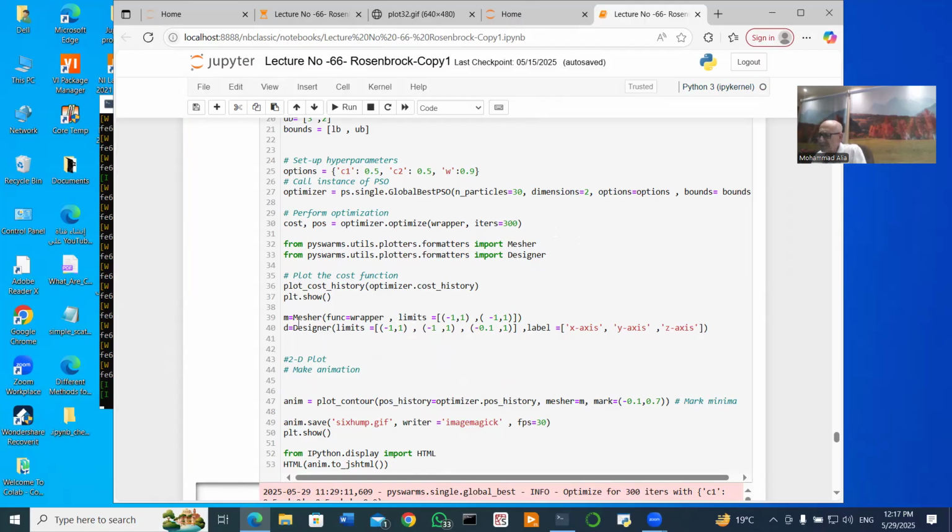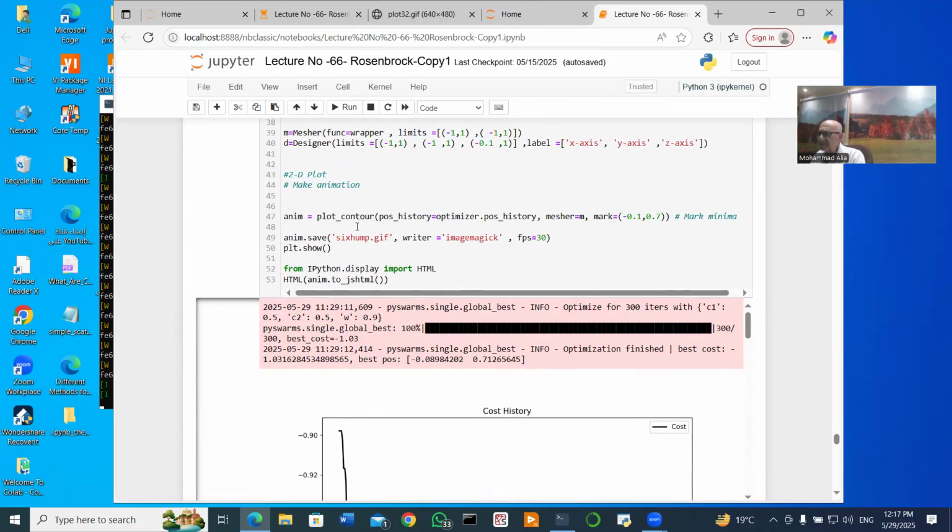So the limits of the mesher are kept the same, -1, 1, -1, 1, and the designer also for x, y and z are kept the same without any change because they are very close and fit within the limits of the function.